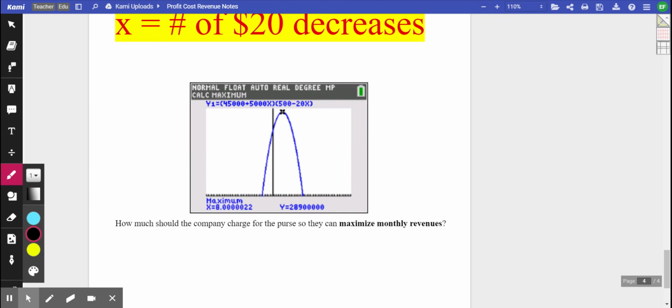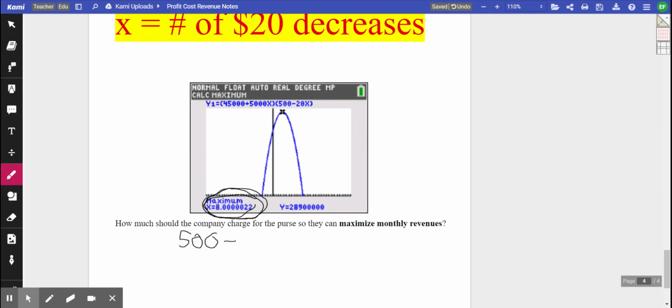Well, we know that if we have 8, remember here my X represents not my number of purses, but my number of $20 decreases. So I had to decrease my price. I started at 500. I had to decrease it 8 times by $20. So I had to take my 500 and subtract 160 from that. So that means that that's $340.